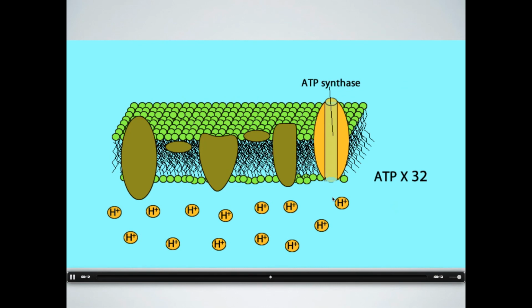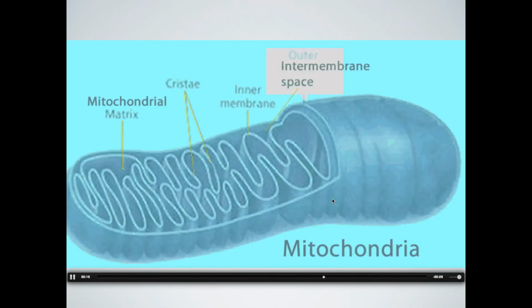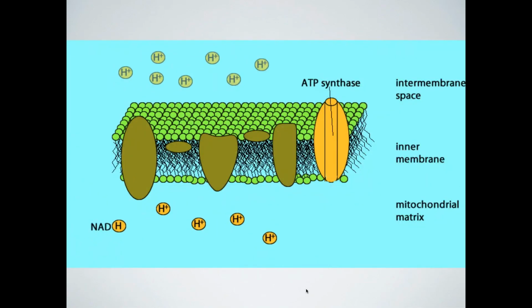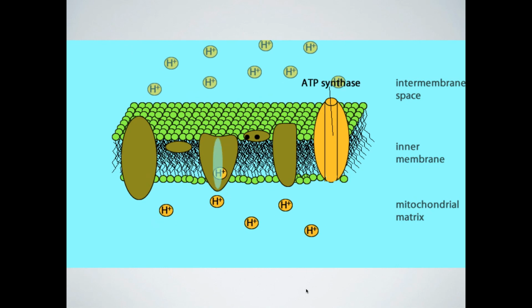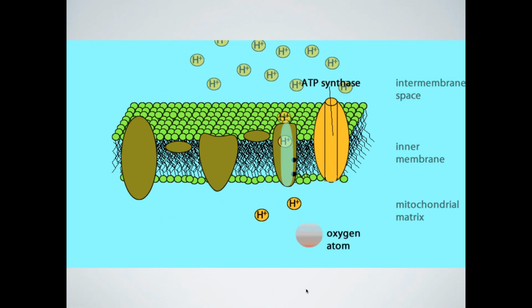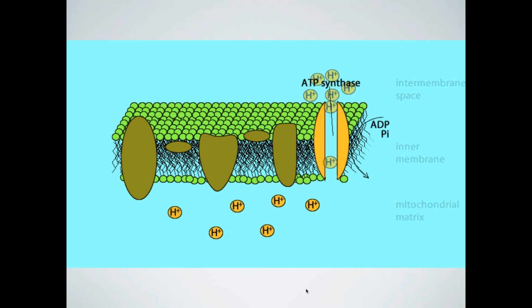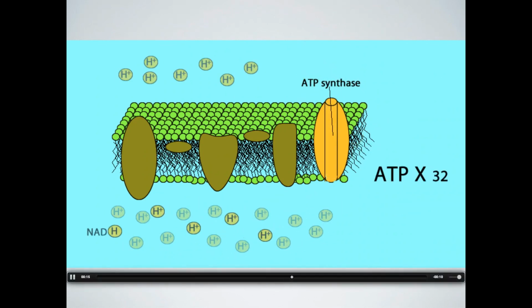As these hydrogens are going through, like a water wheel, it starts to manufacture ATP. ATP synthase is what manufactures the ATP in the mitochondria during the electron transport chain. So we're talking about the cristae of the mitochondria, that's where this particular protein, ATP synthase, is found. All right, and that's it. If you have any questions, let me know.